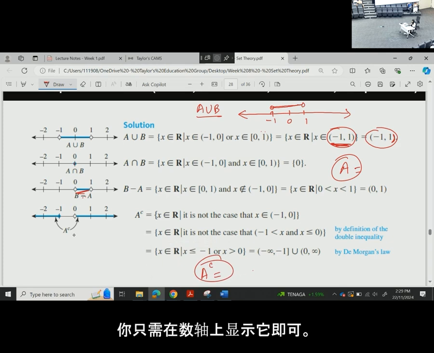Okay. And you simply show that on a number line. You will check whether the starting element or the ending element is included in the set or not. Based on that, you will choose the type of circle, and then show it on the number line. Okay.